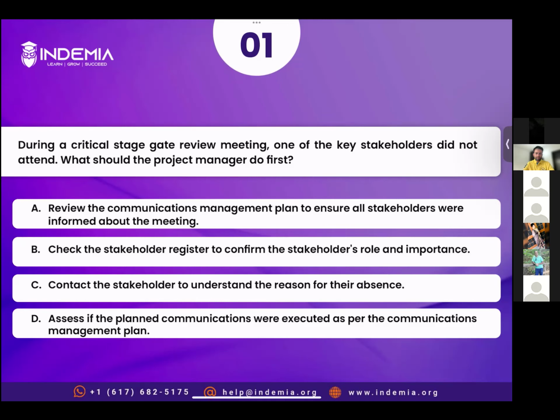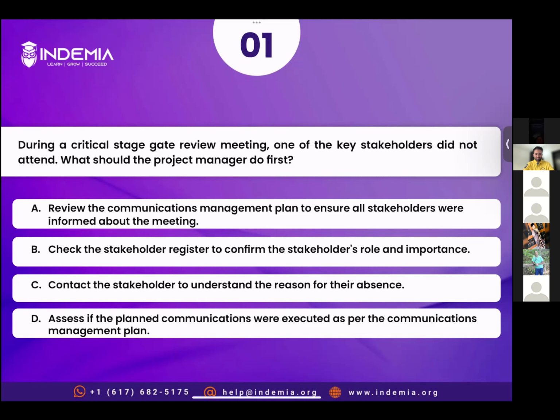Mohan, what's the difference between A and D? A and D is in dog. Yeah. I think D is basically on the execution side, right?